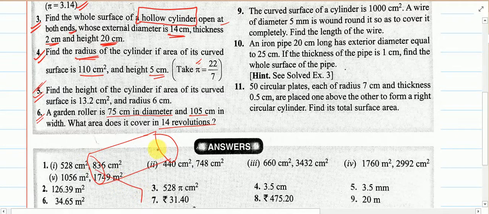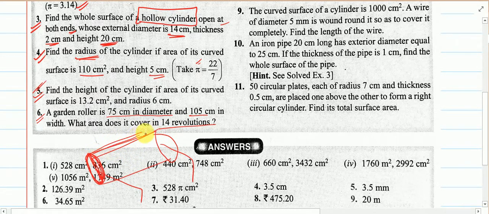Okay, roller is there whose diameter, roller means it will be like cylindrical. Okay, so diameter, that means from this end to this end length is 75, so its radius will be half of 75 centimeter, and its width, that means they are trying to say this.